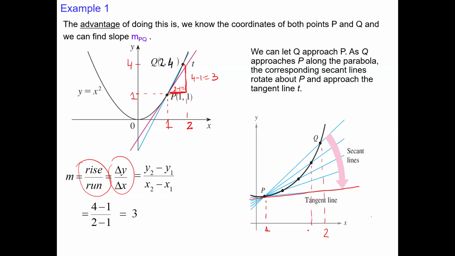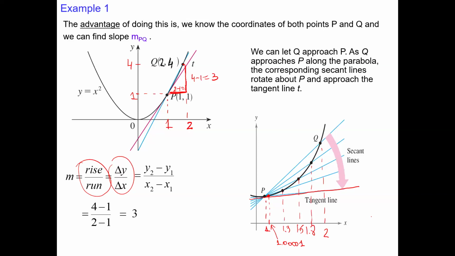I can go maybe to 1.8, maybe 1.5, maybe 1.3, or maybe even really close, I don't even have room, 1.00001. And now you can imagine if we draw this secant line, it will be almost like a tangent line. And that's the point.